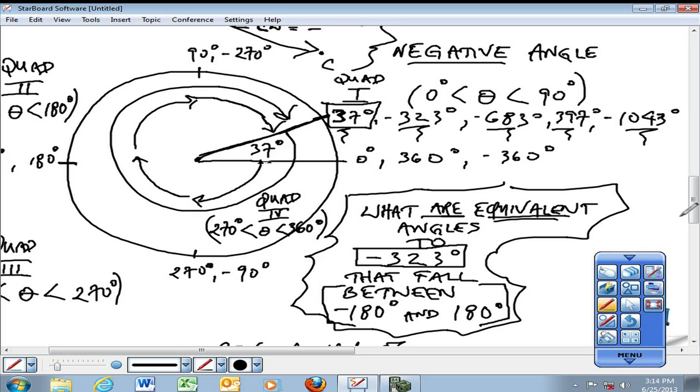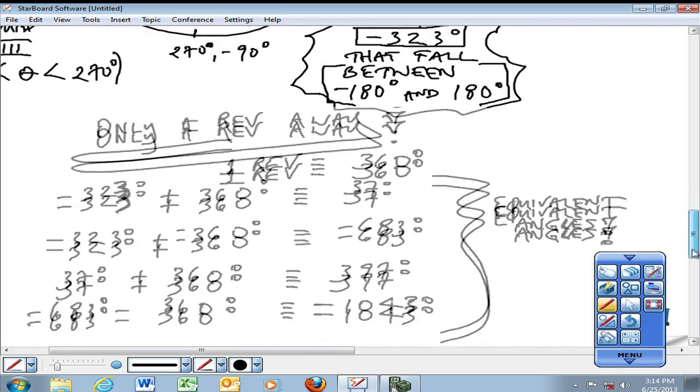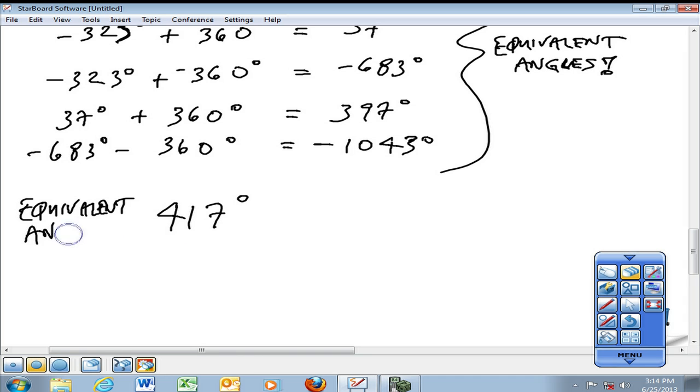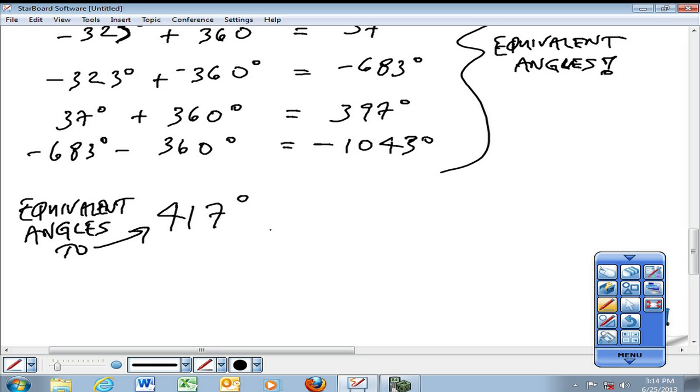All right, let's go ahead and try another one. What if I asked for equivalent angles to 417 degrees?